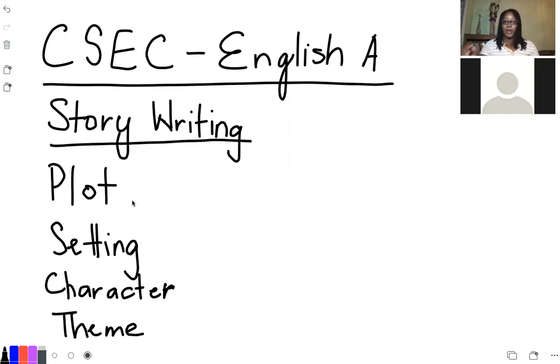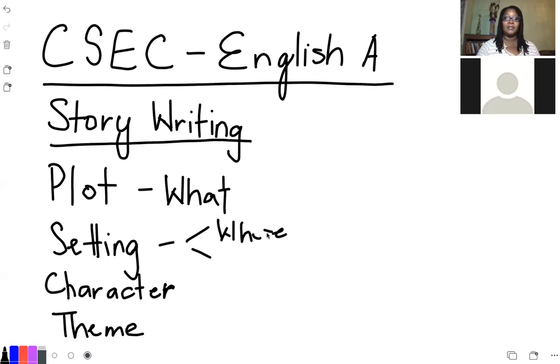The plot, I like to break it down like this. You know, you have your 5 W's of writing: who, what, where, when, why. So I like to break down these 4 elements and spread them across those 5. So the plot is what? Your setting has 2 components. It's where the story takes place and when the story takes place.